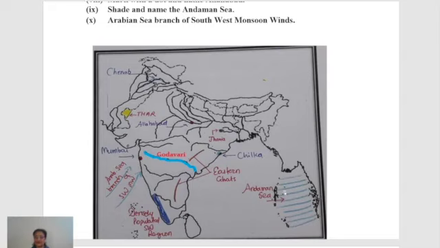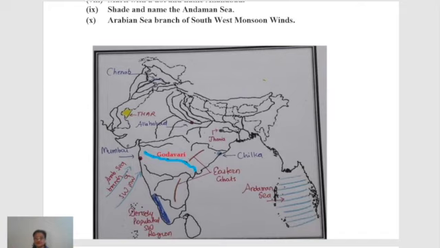So in between that, this is Andaman Sea. Then this is Godavari River, the longest river in the peninsular India. It is also called Dakshin Ganga, right? So that's all with the first question, that is the map work, right?